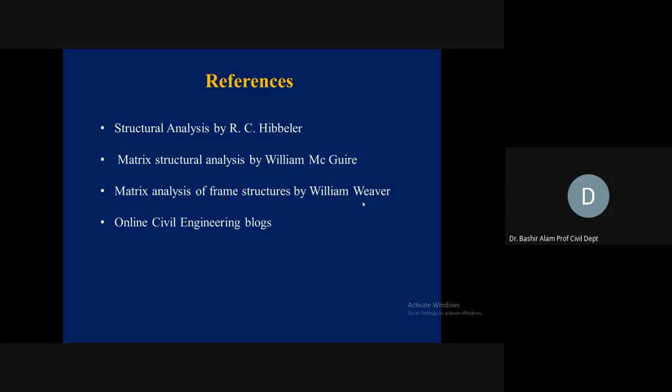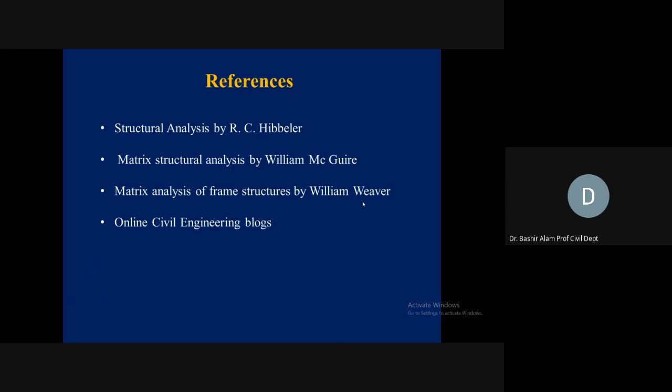One value, DRL1, is from the integral of capital M times m1 over EI dx and summation of all the members. Similarly, DRL2, which is capital M times m2 divided by EI dx, integrals and then summation of all the members. Similarly, F11 is from the product of m1, F12 equal to F21 from the product of m1 and m2, and then F22 is from the product of the small m2s.